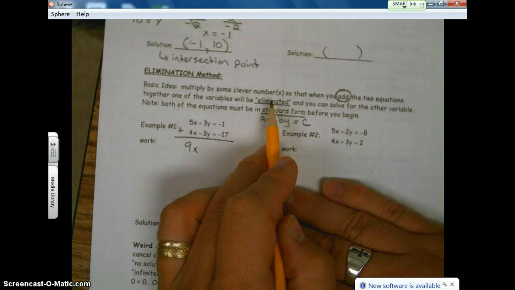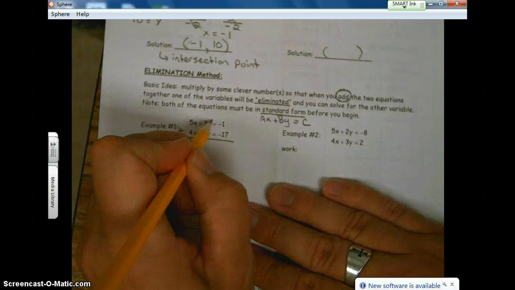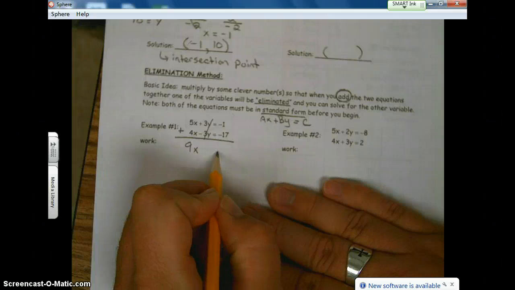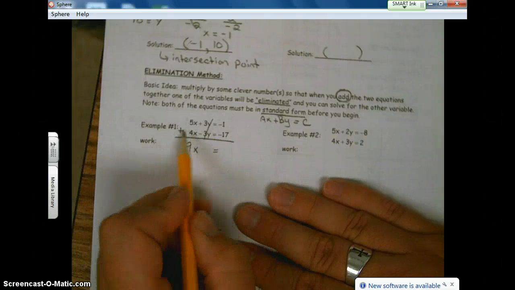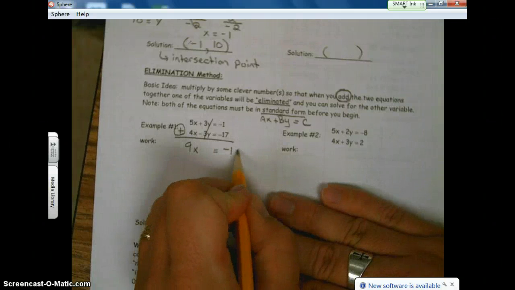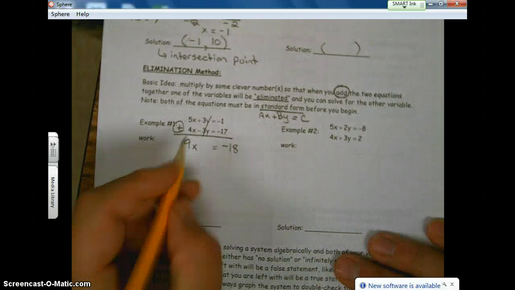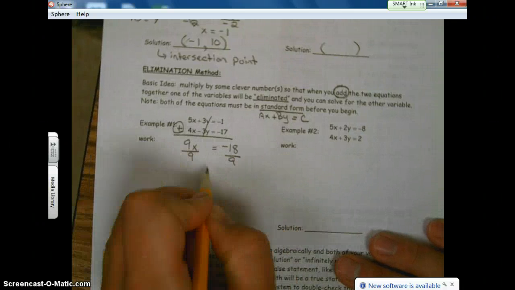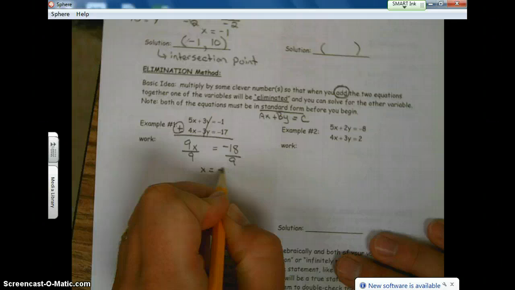We want to eliminate one of the variables. It gets eliminated. Nice. Bring down the equal sign. Negative 1 plus negative 17. Okay. Divide both sides by 9. We're solving for x, so we have x equals negative 2.